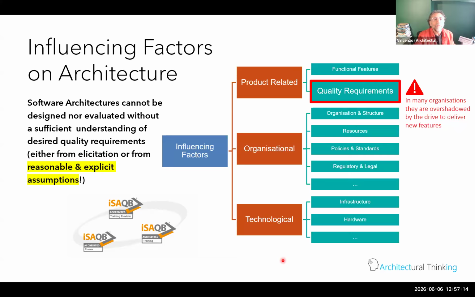The key point is our job as architects is to understand what the quality requirements are that have a significant impact on the architecture, and we need to try and elicit them. And even when that is not possible, because it's not always possible, then we need to make some reasonable and explicit assumptions of what those requirements are.